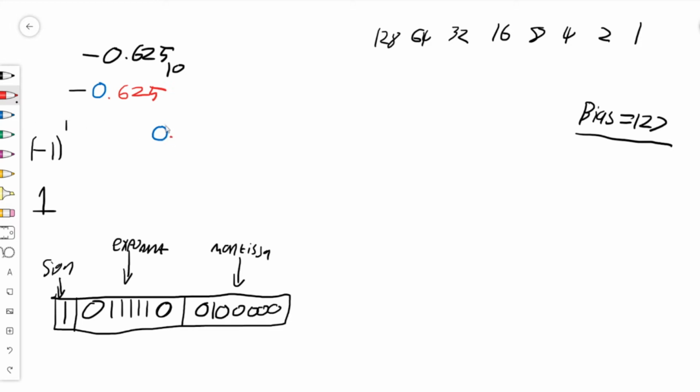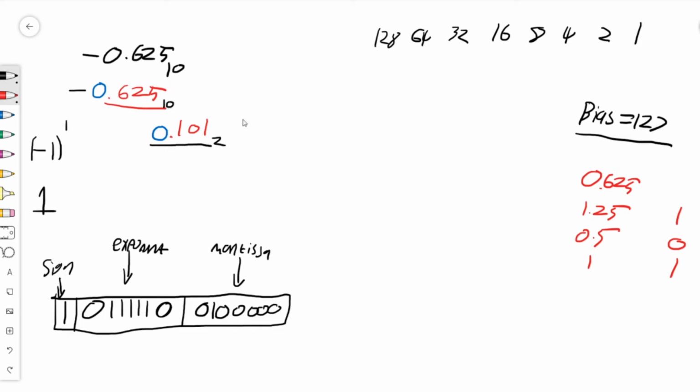Next, we're going to need to look at our fractional part, and we need to convert this fraction into binary. .625 in binary is .101. So 0.101 in base 2 is equal to 0.625 in base 10. However, we need to keep going further with this. This number will now be represented as 0.101 times 2 to the power of 0.